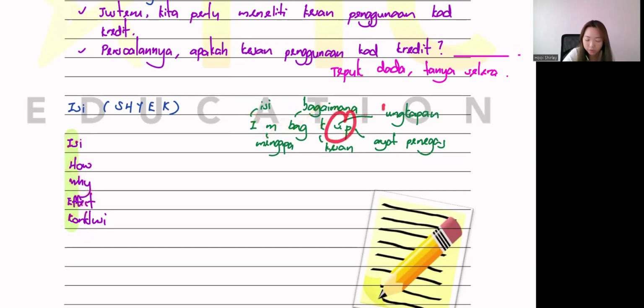So only this. The reason is that the ungkapan is like the peribahasa or the kata-kata mutiara. In the essay, if you want to include it, you may do that. Maybe one or two, but do not include a peribahasa in each paragraph. No need to do that, because it doesn't really help your grades.